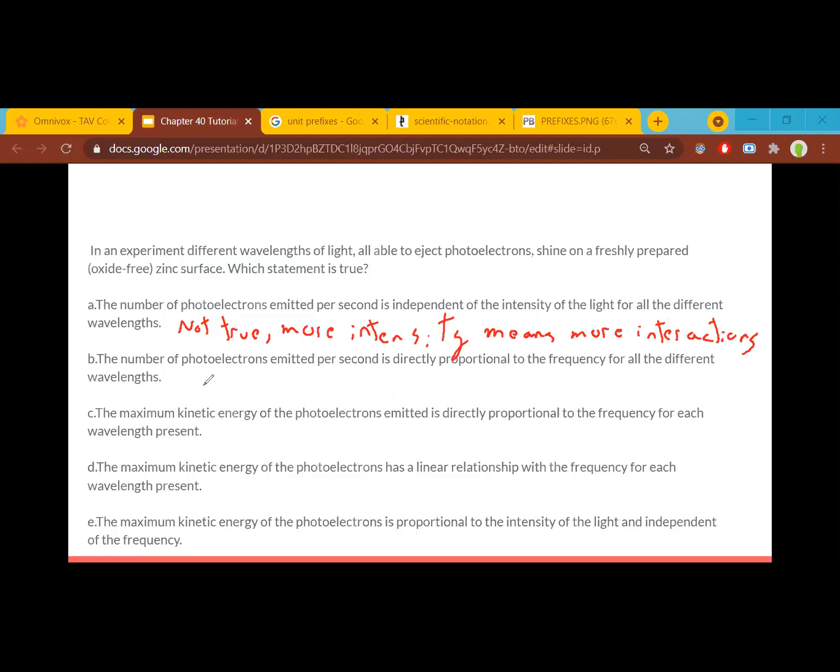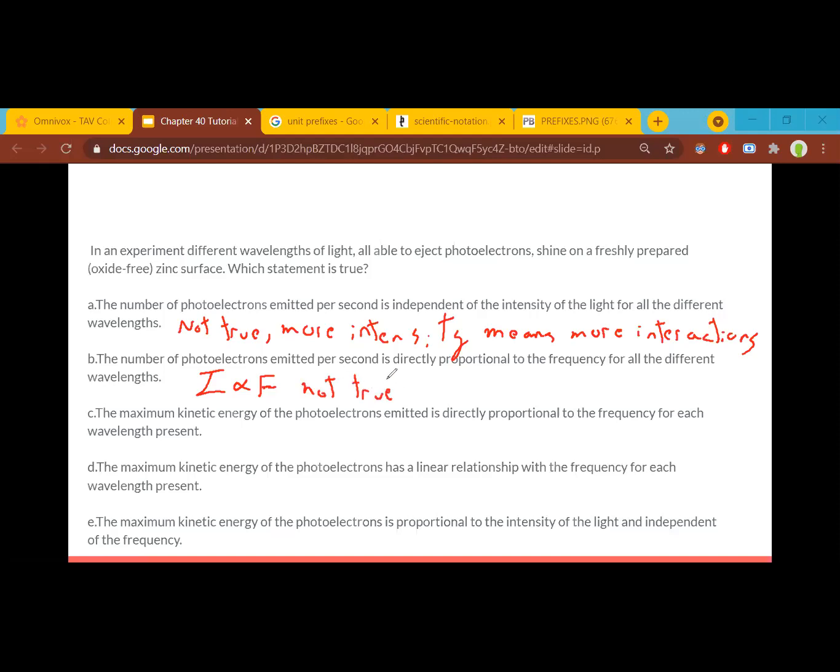Okay, B says the number of photoelectrons emitted per second is directly proportional to the frequency for all the different wavelengths. So this is basically saying that the number of electrons emitted per second is proportional. It's essentially saying that the photocurrent is proportional to the frequency. But this is also not true.